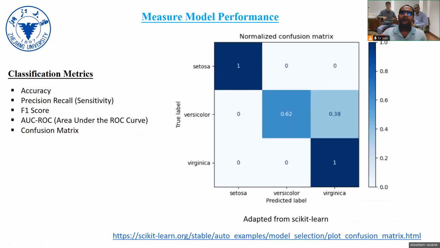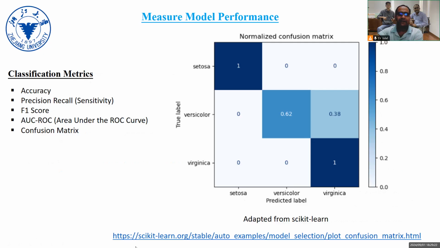So for this, we use some metrics. For classification, we use accuracy, precision, recall, F1 score, ROC, area under the curve, confusion matrix, etc.